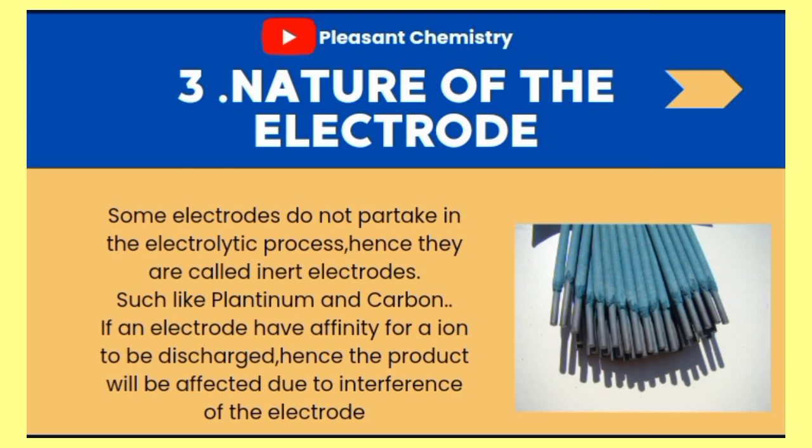So electrodes that are active can affect the ions that will discharge at the respective poles. Like when we use mercury as electrodes, mercury can affect the ions that will be discharged when we are doing electrolysis of sodium chloride. All right, so let's fast track.